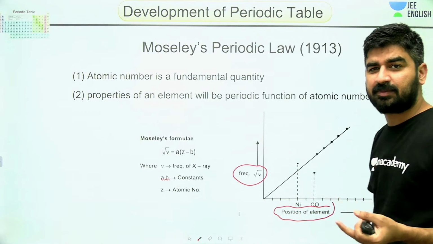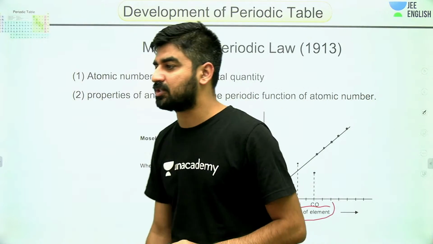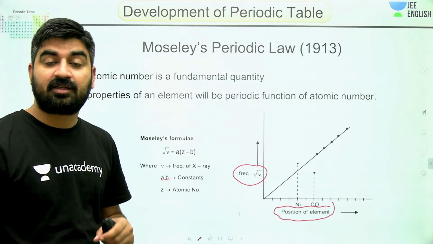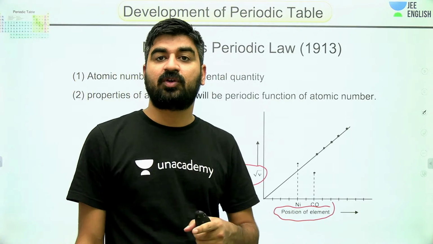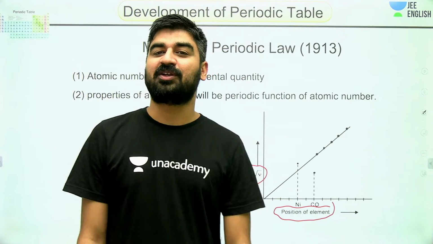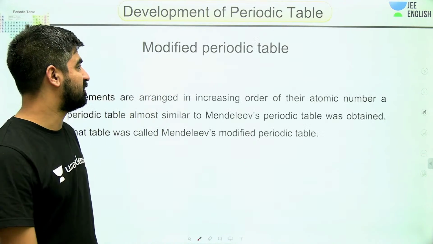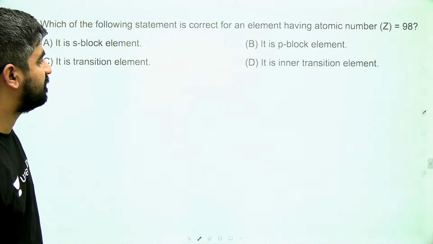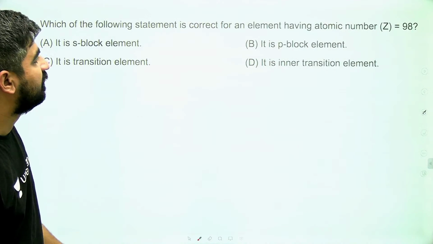He performed some experiment which is currently beyond your scope. And he told us that instead of atomic mass, we should take atomic number. And guys, even till today, the modern periodic table is based on atomic numbers, right? And then he modified the periodic table. Mendeleev's periodic table was modified, right?